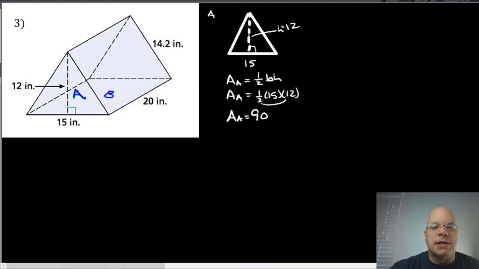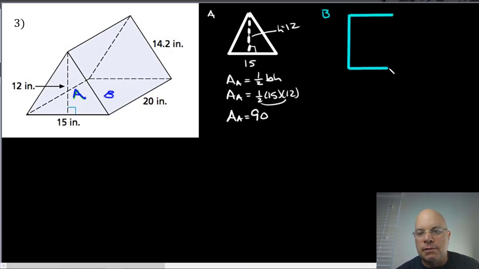And so face B, I'll sketch that here, is a rectangle with a base of 15 and a height of 20 if we're sketching it this way. For rectangles, you don't need to show a formula. You just know it's base times height. 20 times 15 is 300. So the area of B is 300.